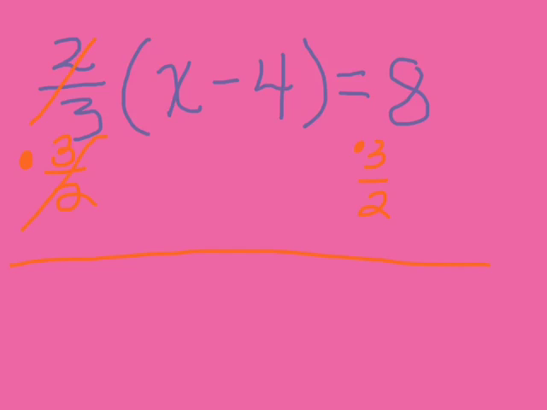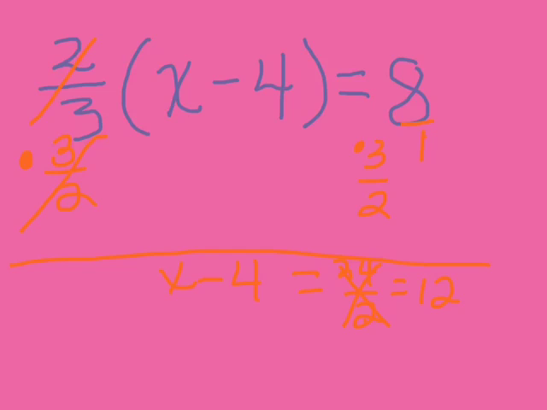So I undo over here, and I end up with x minus 4, and 8 times 3 over 2 is like saying 8 over 1 times 3 over 2. So I multiply my numerators. 8 times 3 is 24, and 1 times 2 multiplied by my denominators is 2. Well, 24 over 2 is really just 12. So I'm going to rewrite that as 12. So x minus 4 equals 12.